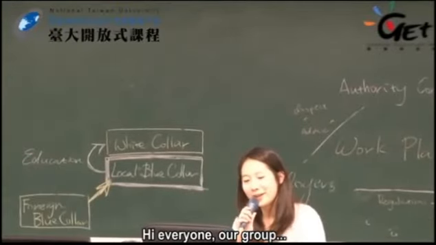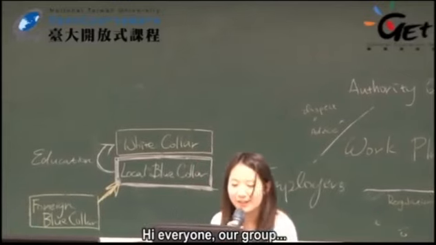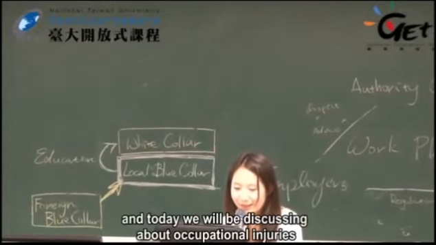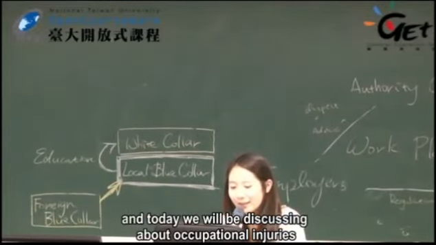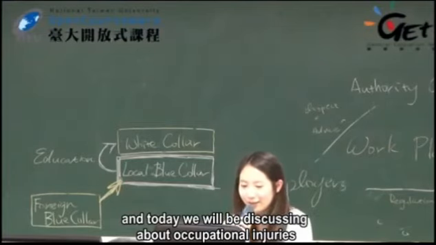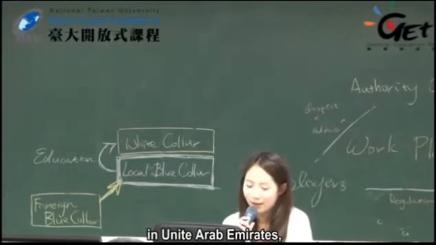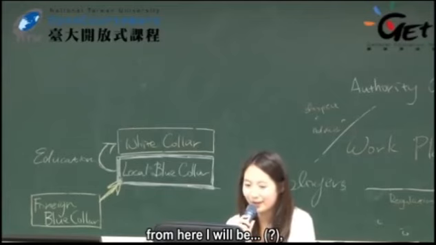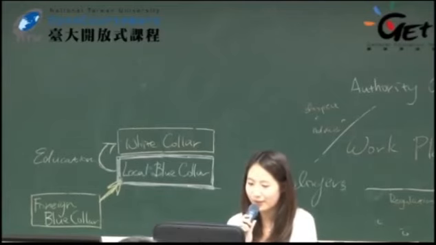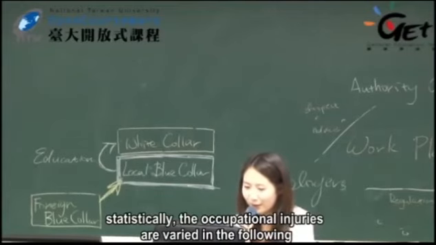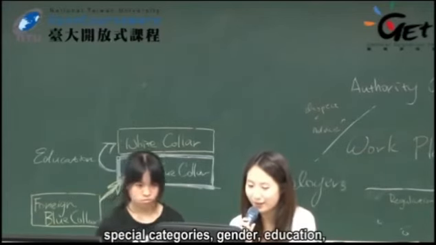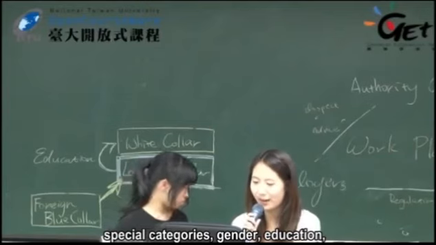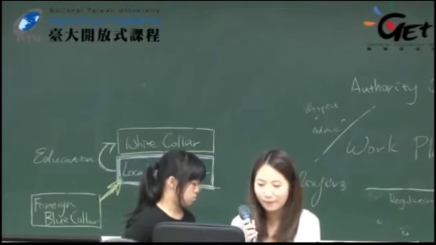Hi everyone, we're group 2A and our mission is in the East. And today we'll be discussing occupational injuries in the United Arab Emirates. Here I will refer to it as the UAE. Specifically, the occupational injuries and how they vary in the following social categories: gender, education, and occupational grade.